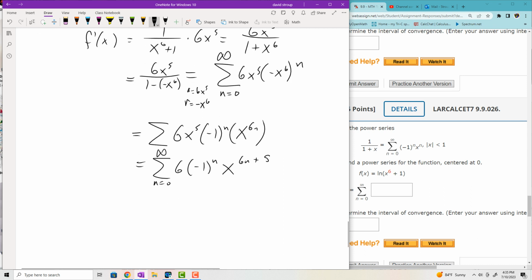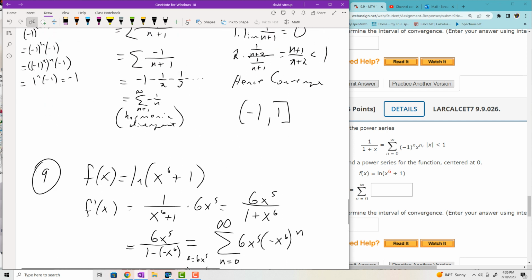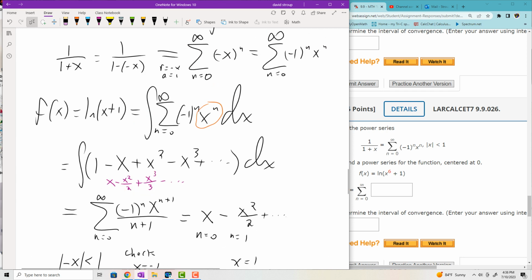So in order to get back to f of x, I need to then integrate f prime of x, right? So I need to integrate this thing. If you're worrying about that plus c constant, it never is an issue with these types of problems, because if you think about what is f of 0, okay?